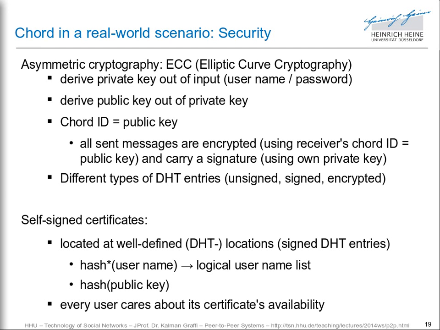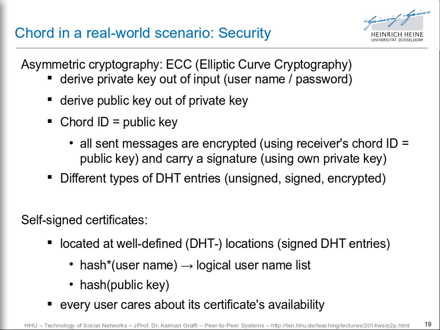To do this, now we can send encrypted messages to other peers using the receiver's Chord ID, because this is the public key. And we can add a signature to these messages, and the receiver is able to verify this message by using the sender's public key.